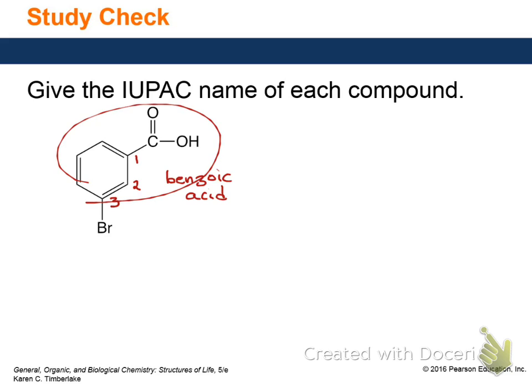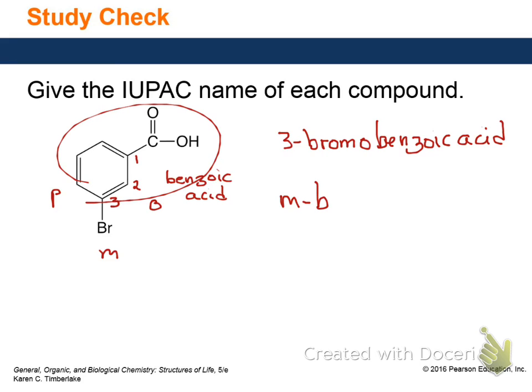Now, you have choices about naming this that both are acceptable, so I don't care how you go on this, but you can say 3-bromobenzoic acid, and then the other one is to remember ortho, meta, and para. So you could say m-bromobenzoic acid.